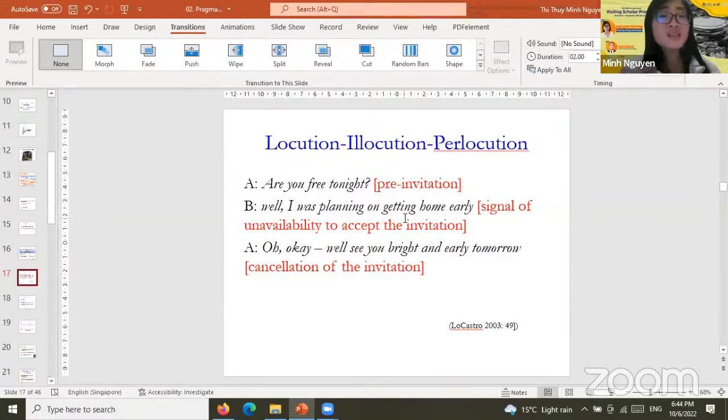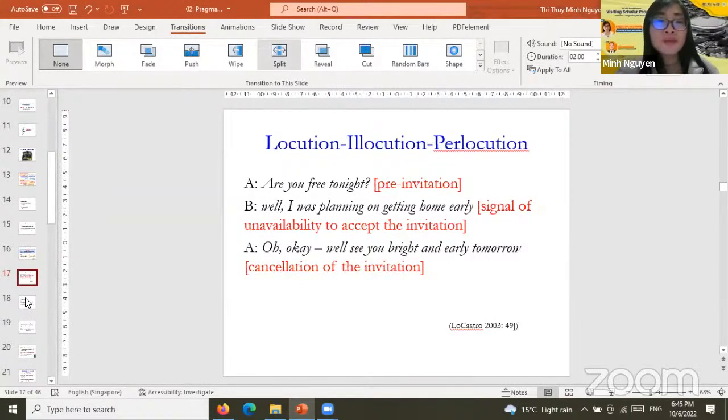Because of that signal, A finally canceled the upcoming invitation; he didn't produce the actual invitation because he received the signal that it would not be accepted. So he said, okay, well, see you bright and early tomorrow. The cancellation of the invitation here is the perlocution, the effect of what people have been exchanging so far.